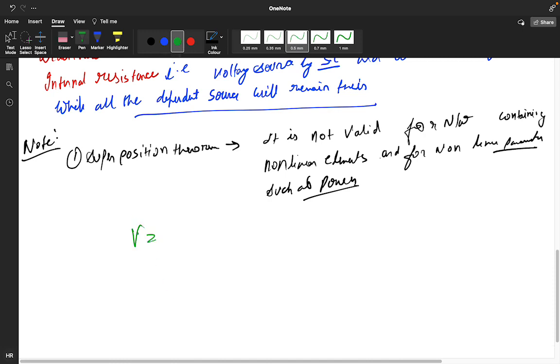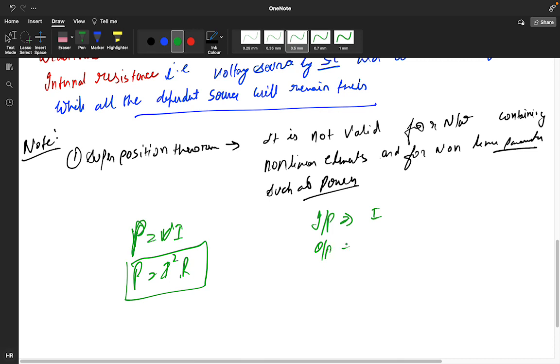Power is equal to V into I, and you can consider V as your other equation, or consider I, I square R. So this is one equation. So how will you check its linearity or non-linearity? Suppose here the input is I, and the output is power. And what is the factor? R will always multiply it.